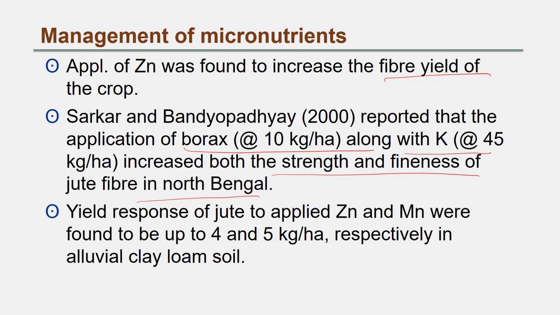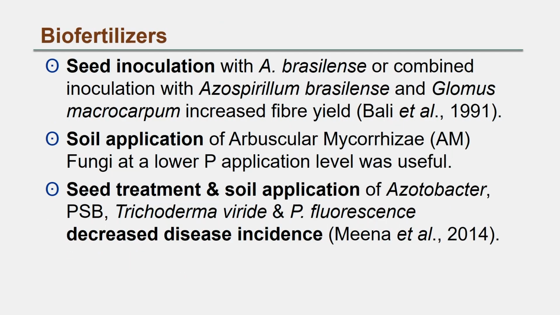So, you can see boron and potassium increasing the quality of the fiber. Yield response of jute to applied zinc and manganese was found to be up to 4 and 5 kg per hectare respectively in alluvial clay loam soil. This is in the form of metal, that is, element zinc 4 kg per hectare and the rate of manganese is 5 kg per hectare.